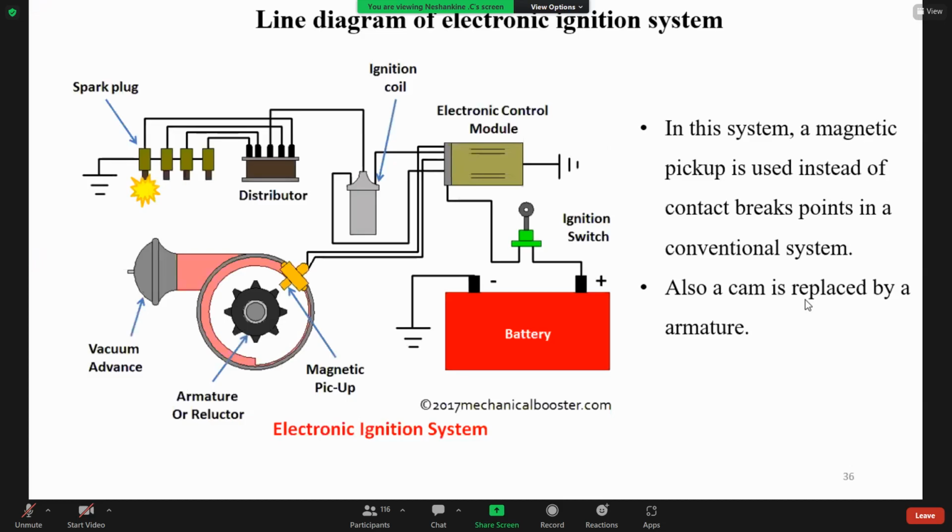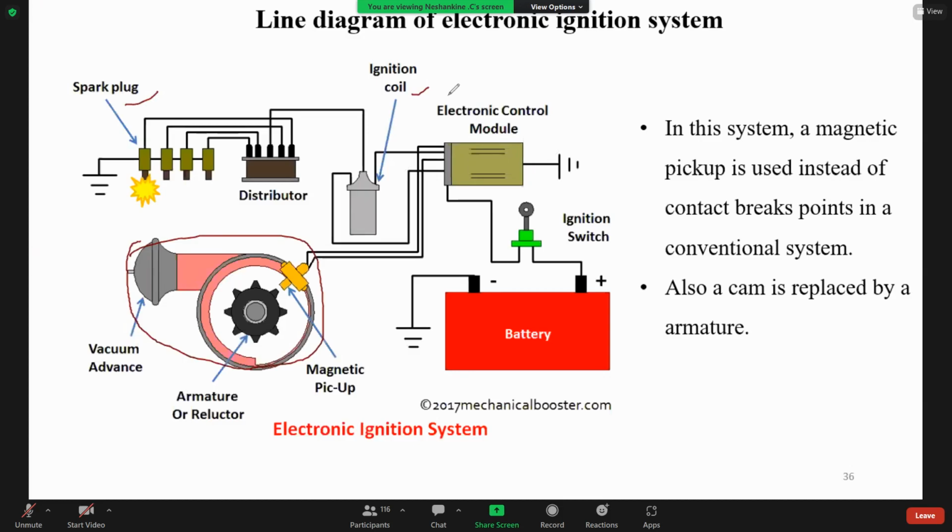Okay, we will discuss the working principle behind the electronic ignition system by using this line diagram. Here you can see this one is the armature, this one spark plug, ignition coil. Inside this ignition coil we have primary and secondary windings.